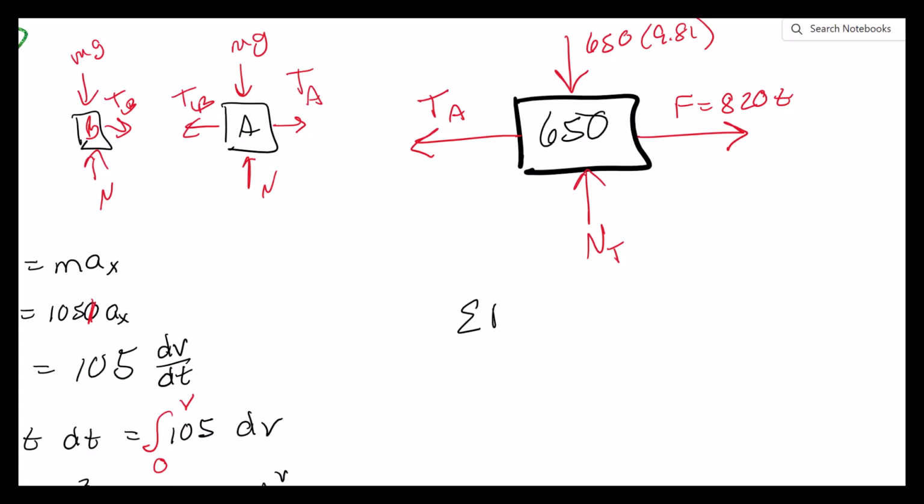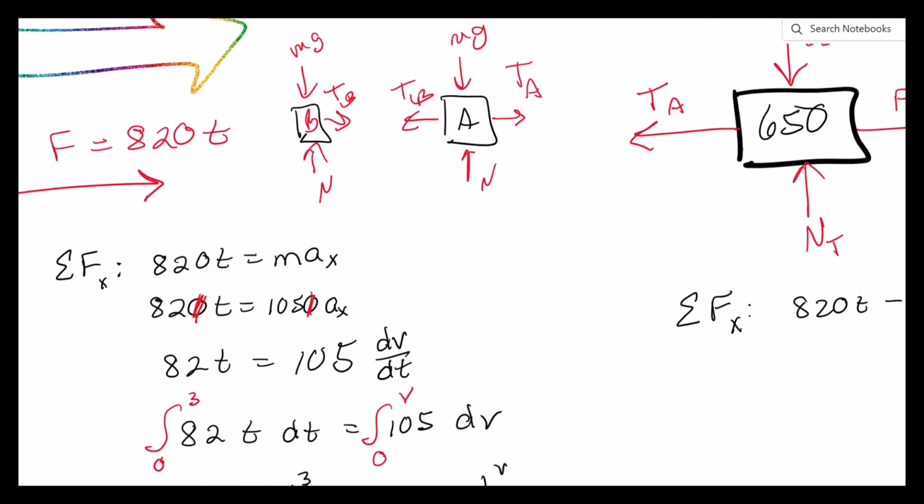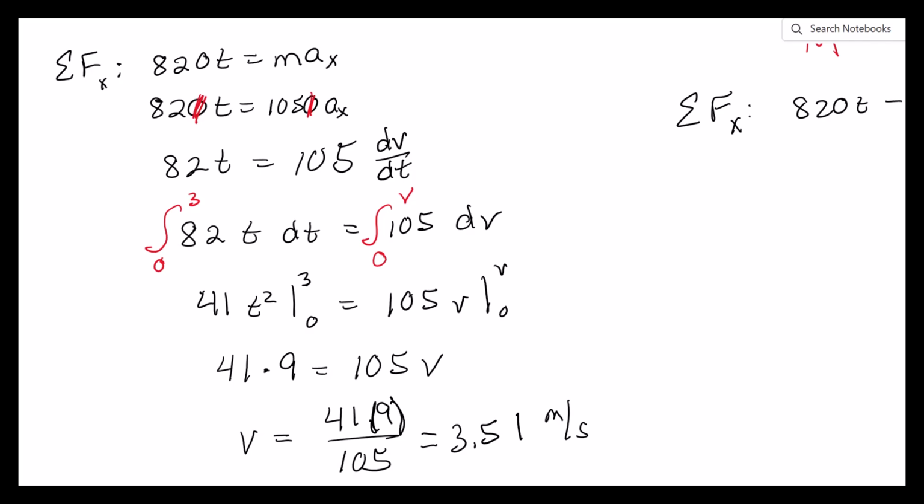So the sum of the forces in the x direction is 820t minus TA equals mass times acceleration in the x direction. Okay, so we actually need to figure out what that was. There was probably a way I could have figured this out from here.